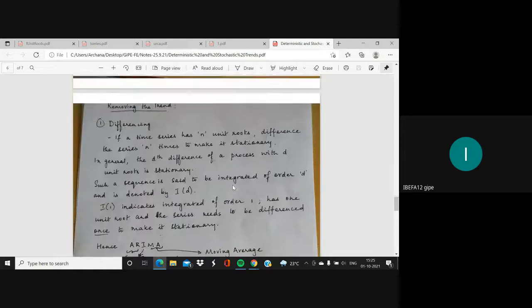So in general, if you have a linear deterministic time trend, which was the first case we saw, for example, if you can predict that yt is going to change by a fixed amount, then we can use differencing to make the time series stationary.